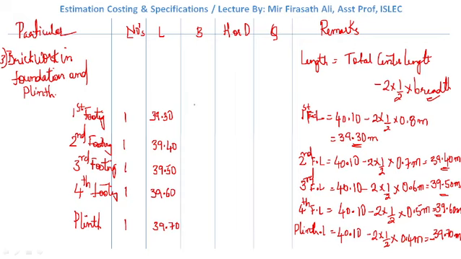What is the breadth over here? It is 0.8. Look at the formula. What is the breadth? Here 0.7, here 0.6, here 0.5, here 0.4.